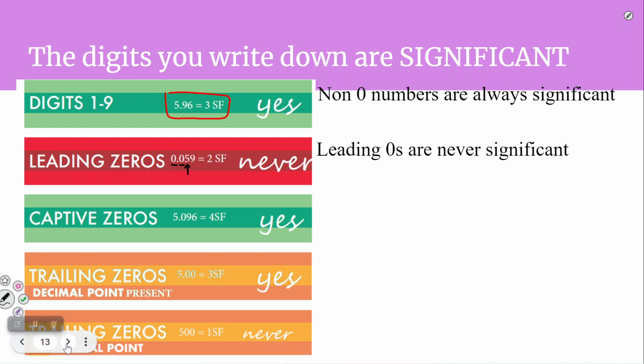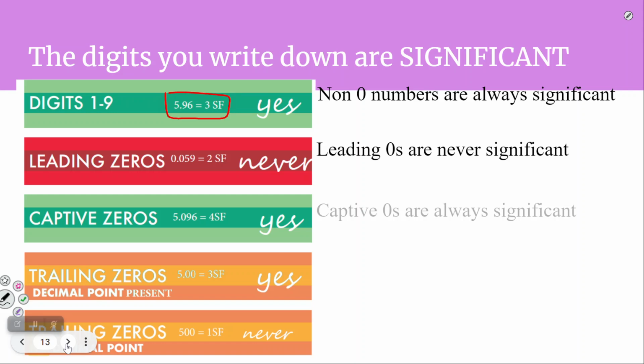So if it's a leading 0, meaning the measurement was smaller than 1, and you have those zeros that are holding a place, they will not be significant. In this case, 0.059 only has 2 significant figures, the 5 and the 9. So leading zeros, those are the zeros before a number that is smaller than 1, are never significant due to the fact they are just holding a place. They're not reporting measurement.